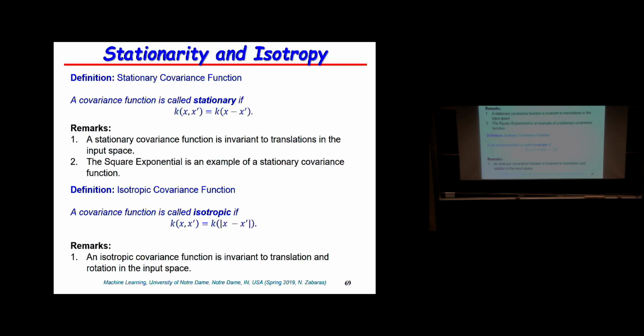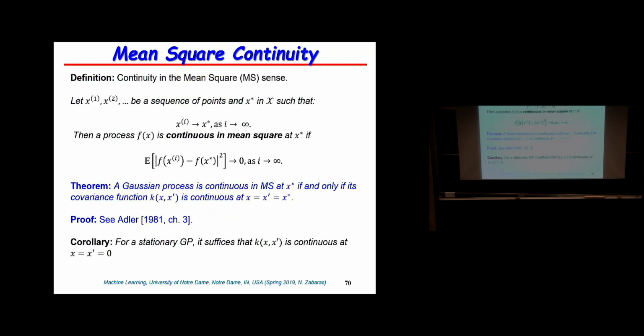You can simplify the kernels further and make them isotropic, where the orientations don't come into play at all. It's only the Euclidean distance between x and x prime. Here you get an invariance both in translation and rotation. You can show under certain conditions that the Gaussian processes satisfy continuity.